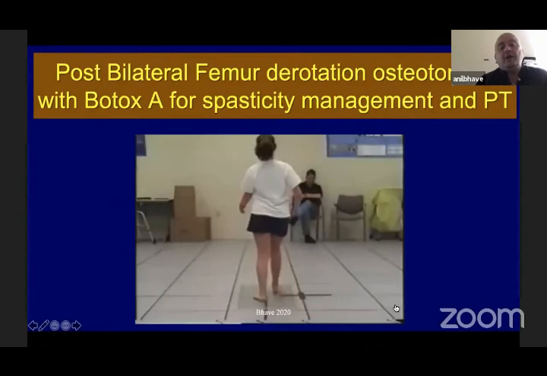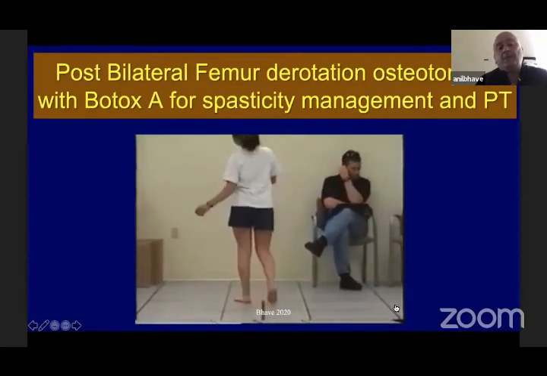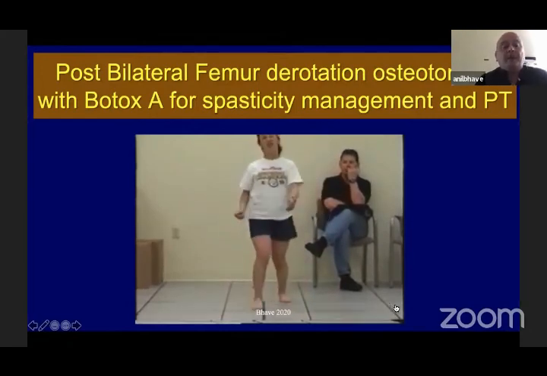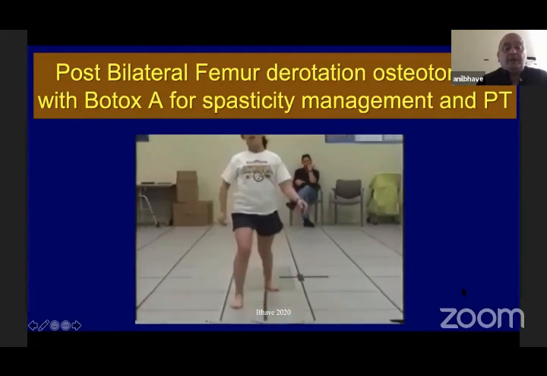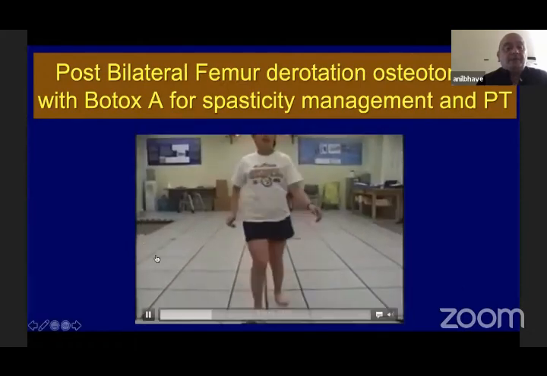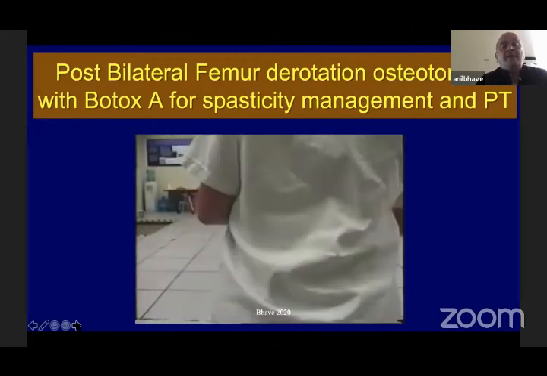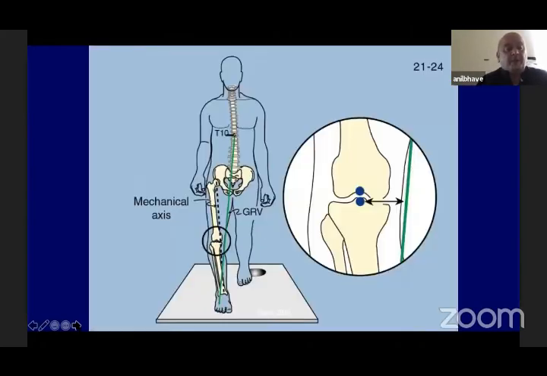She's not dropping, she's sure of her gait. She's not perfect. Cerebral palsy patients can't be made perfect. They can be made better. So we have made her better, I think, and her gait is more sure. We have long-term follow-up on some of these children, and they seem to do well with this. I will highlight the dynamic components of this in a second, so bear with me on that.